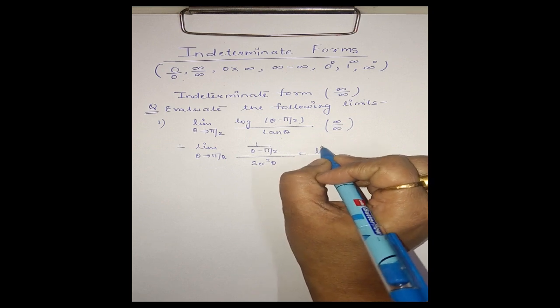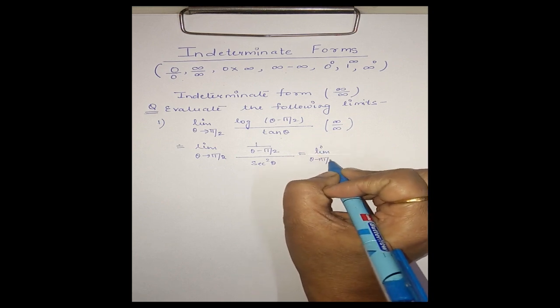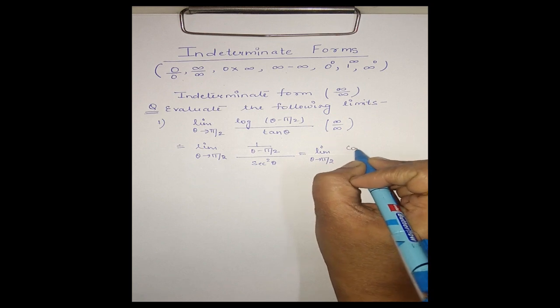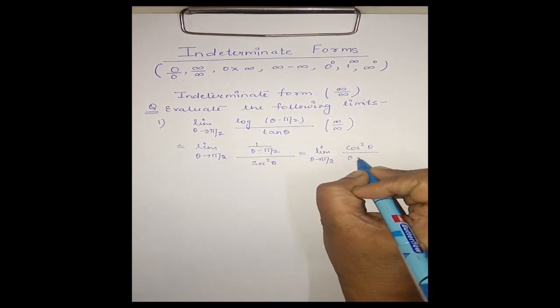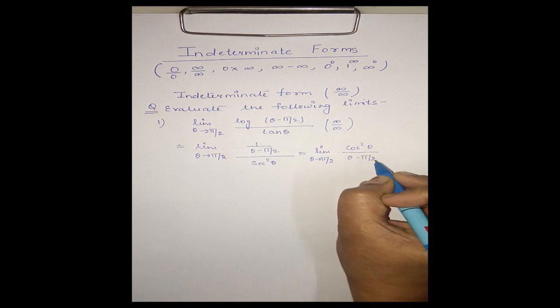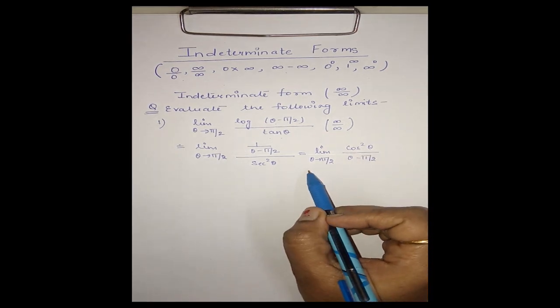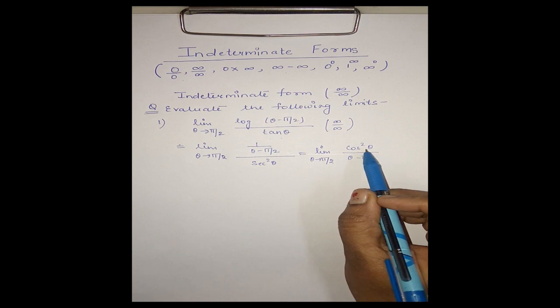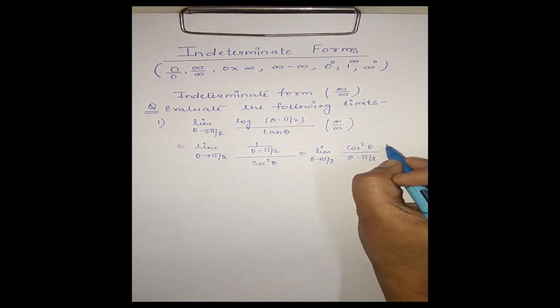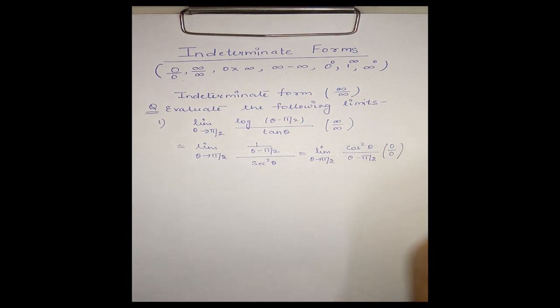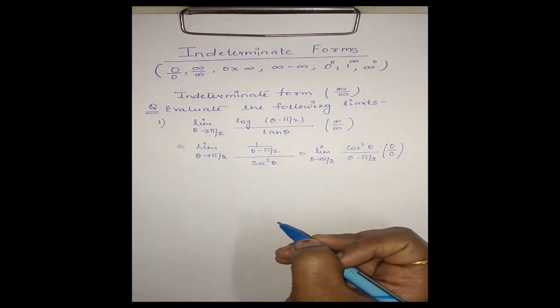Now this will be limit theta tending to pi by 2, secant square theta can be written as cos square theta divided by theta minus pi by 2. Again on taking limit as theta tending to pi by 2, cos pi by 2 is 0, and here pi by 2 minus pi by 2 is again 0. That means here we have 0 by 0 form, which is again an indeterminate form.